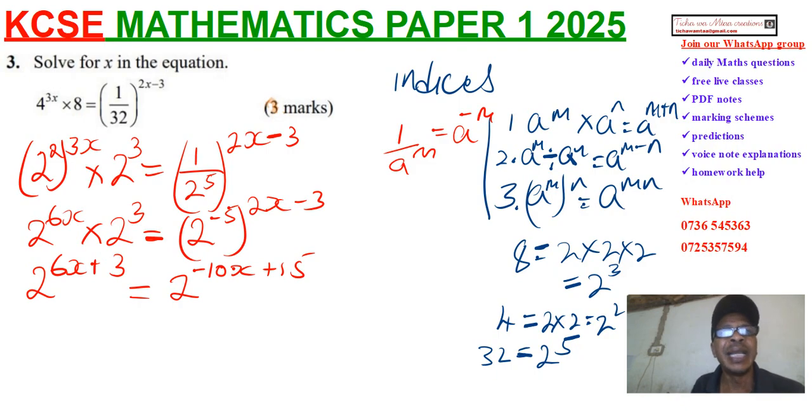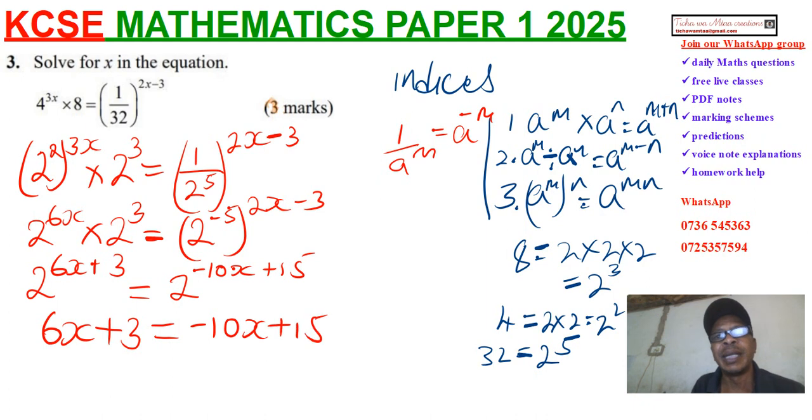That is, this one is equal to this one. So you come here and say 6x plus 3 is equal to minus 10x plus 15.